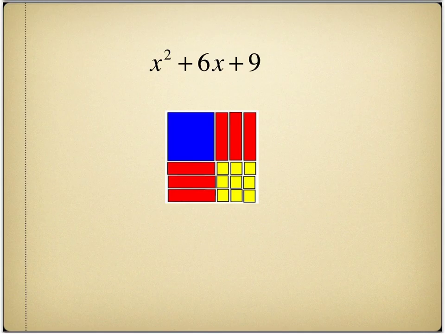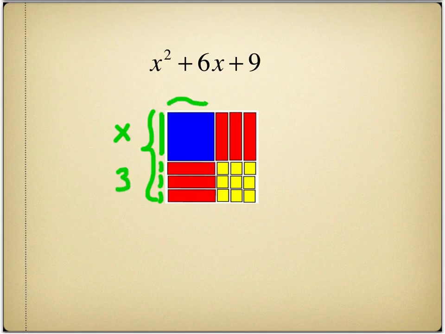Now if we take a look here on each side, notice what we have. On my length here, notice I do have an x, that's the distance from here to here, and then I do have 3 of these x terms, but remember the width of each of these is also 3, isn't it?